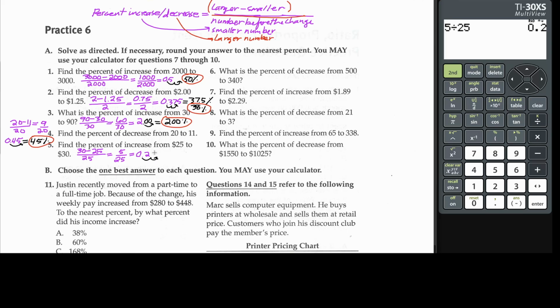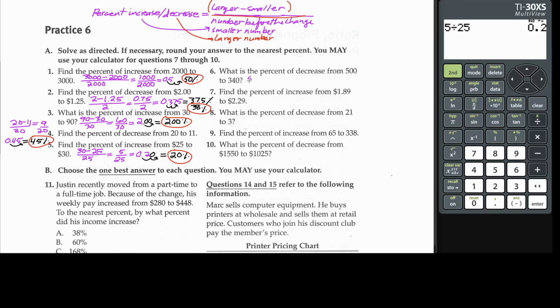You see, there's a gap right here, a space. So that means you need to add a 0 there. And that's 20%. So the 20% is a 20% increase. Let's do number 6.